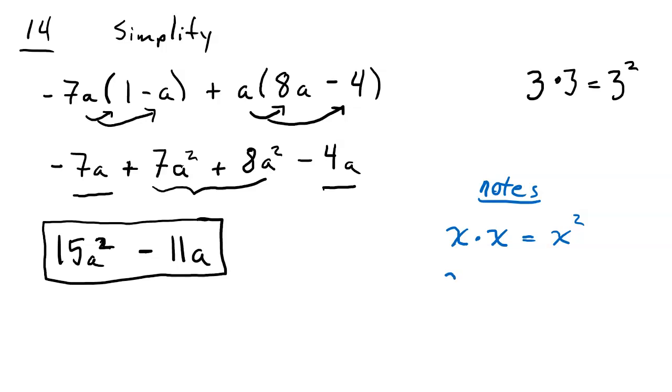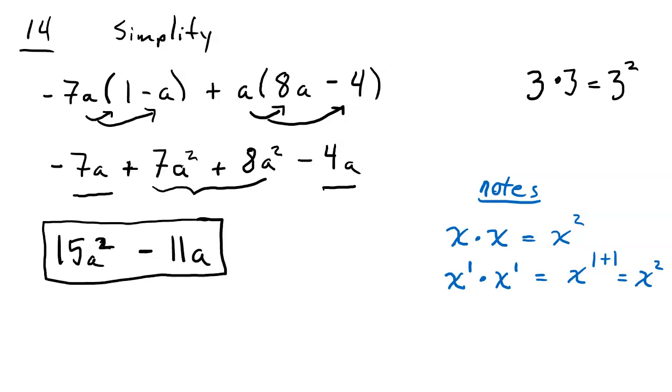So what I mean by that is really what we have is x to the first power times x to the first power is equal to x to the first power plus, or 1 plus 1, which just so happens to be x squared.